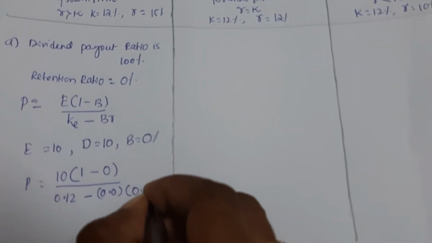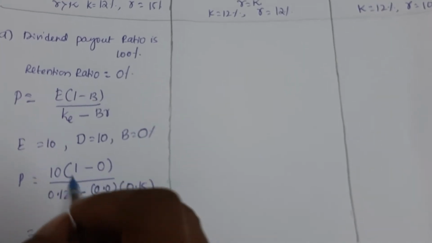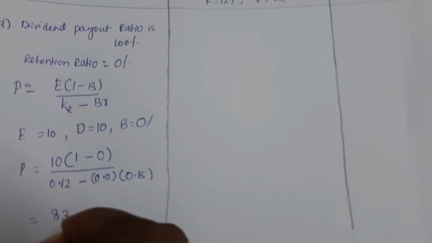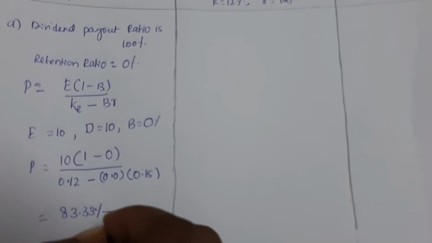So this can be written as 0.15. And if we solve this, we will get the price of 83.33 rupees.